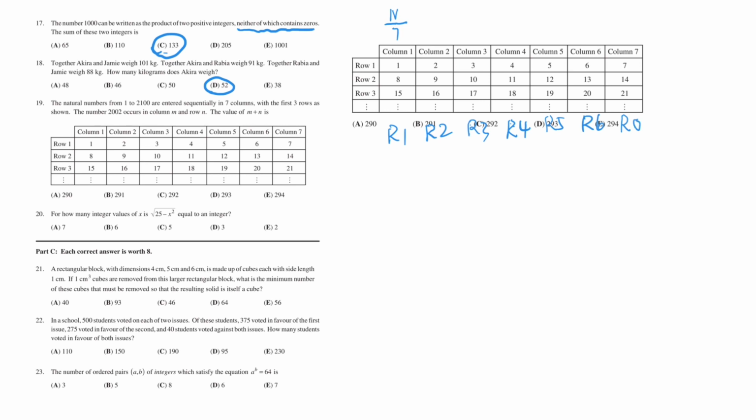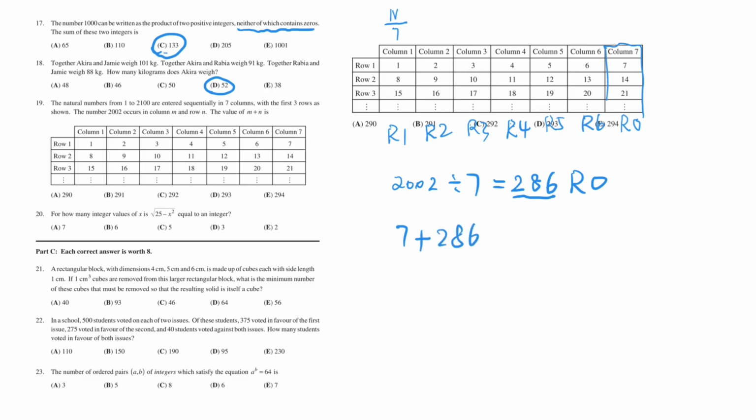So they ask about the number 2002. Divided by 7, that equals 286, with no remainder. That means remainder 0, so this number is in column 7. So M is 7, and the row N is 286.